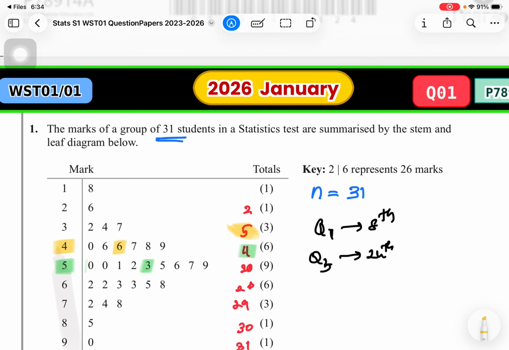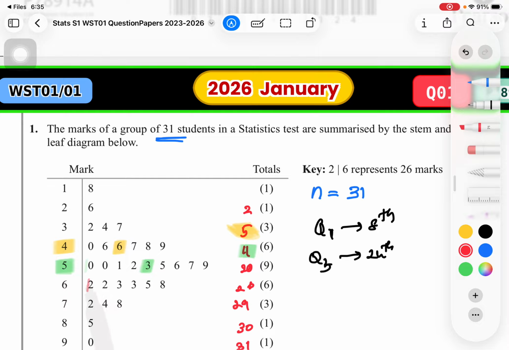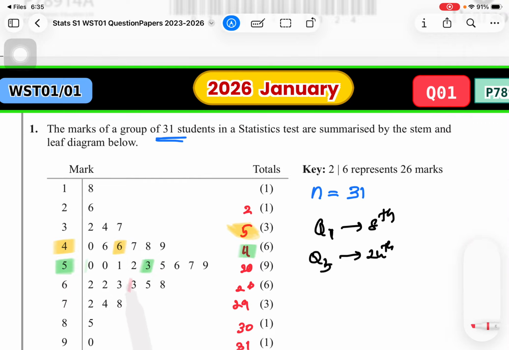That is going to be 46. The next one is the 24th. We have 20 here, 21, 22, 23, 24. So these are the values that we have.